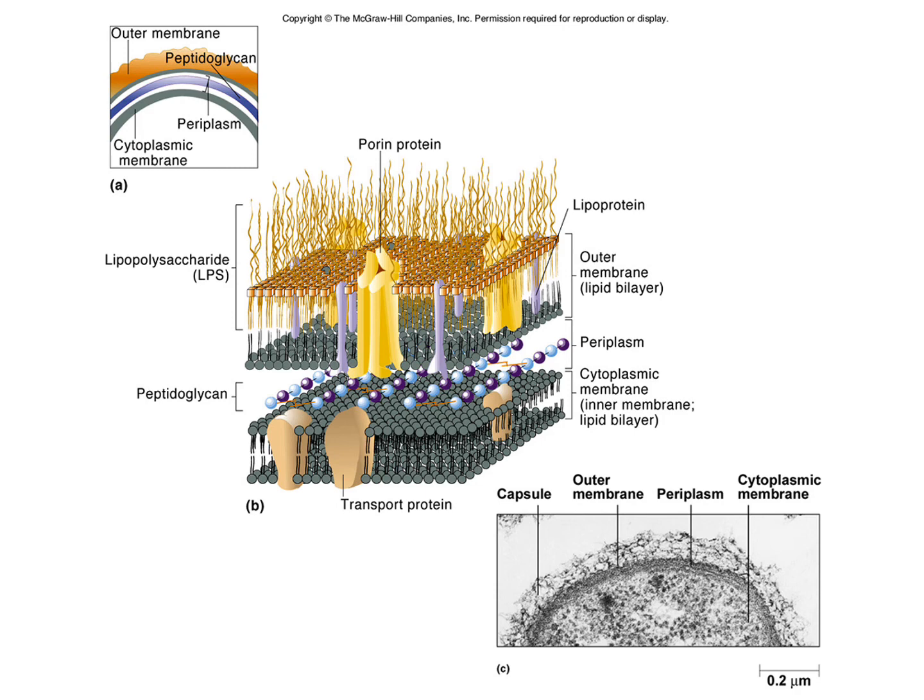You can also see that LPS layer extending out the outer membrane. That LPS layer, remember, has the O antigen, and it also has that lipid A portion that is the endotoxin, which can cause very serious side effects in patients. There are also transport proteins because you need to have things to be able to get in or out of the cell that the cell needs.